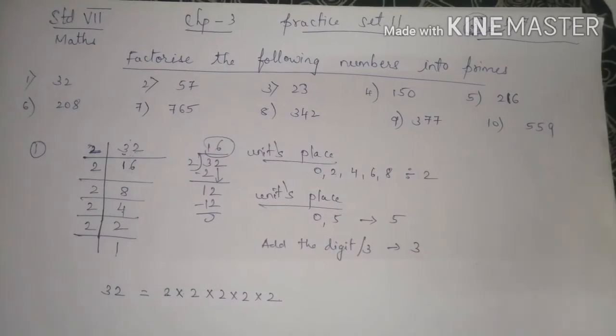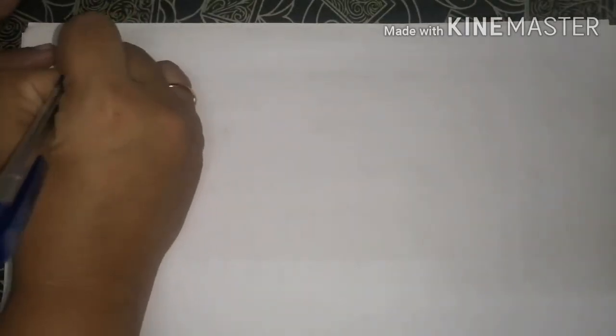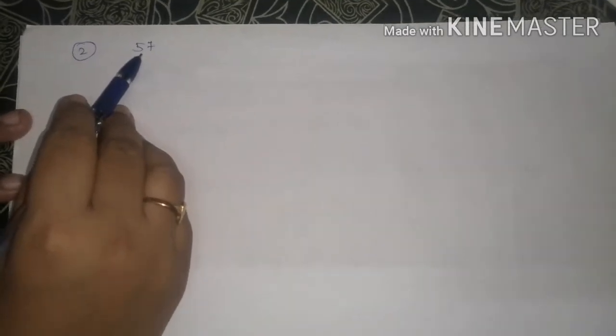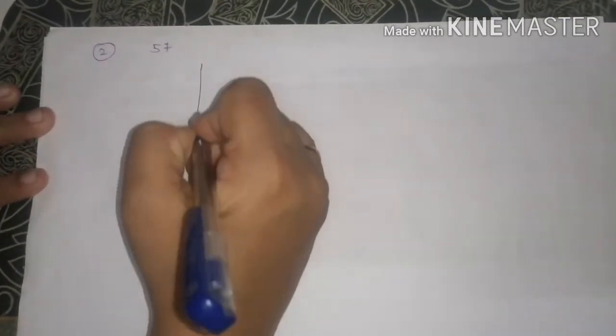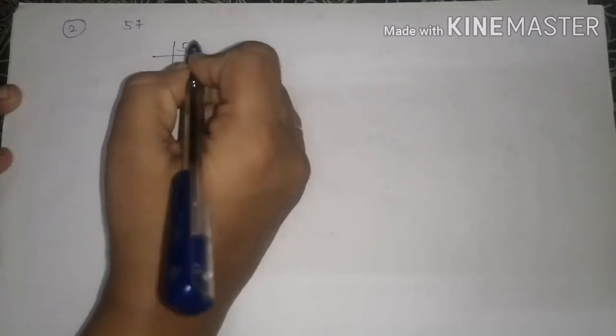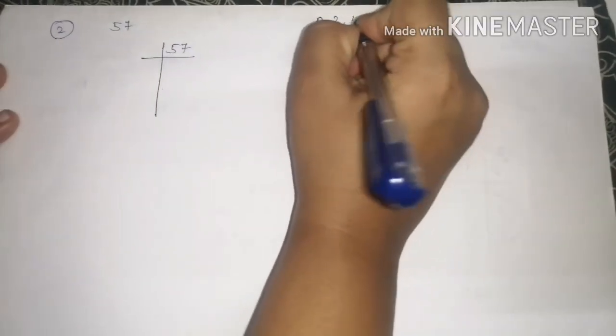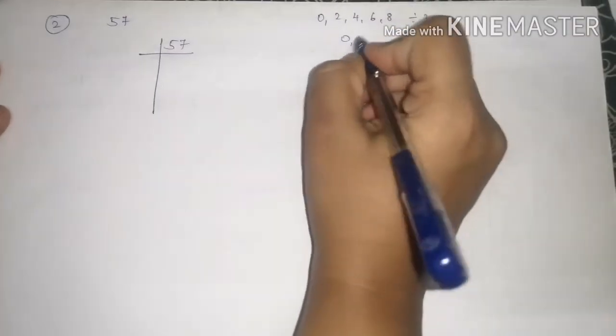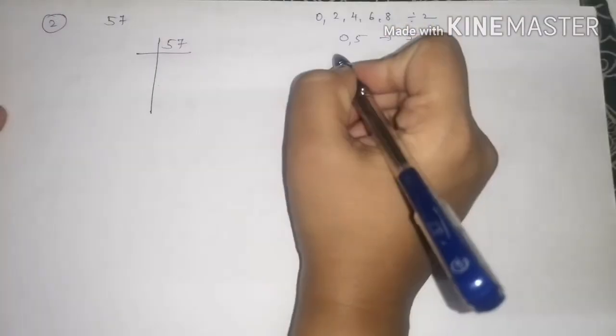Next number is 57. Let's find the prime factors of 57. Now children, if the units place is 0, 2, 4, 6, 8, it will get divided by 2. If 0 or 5, it will get divided by 5.